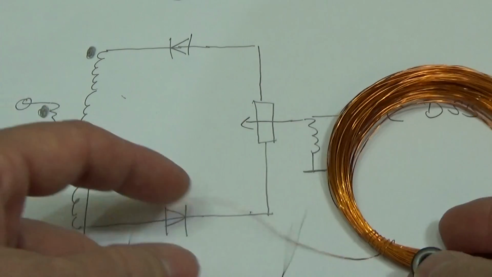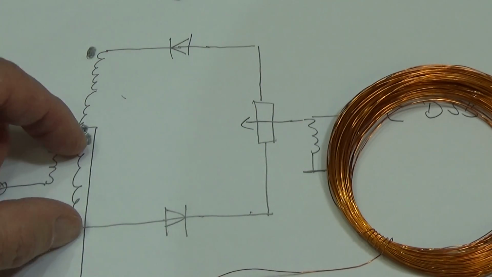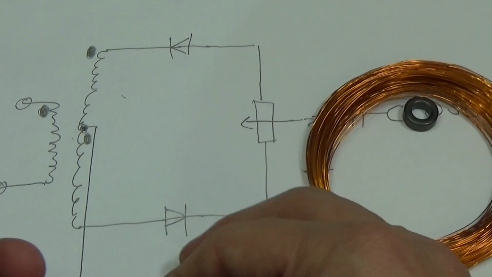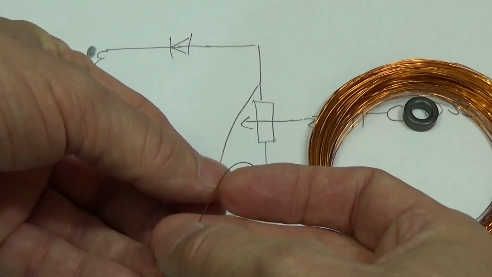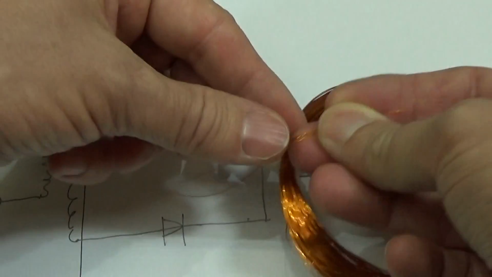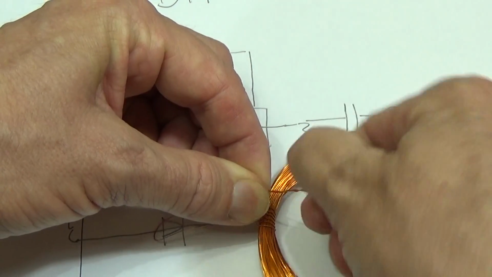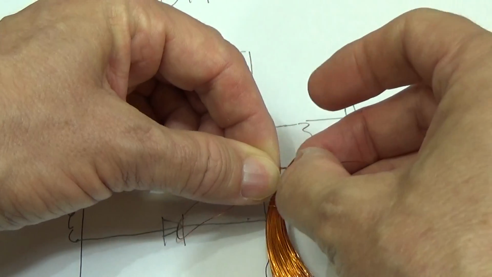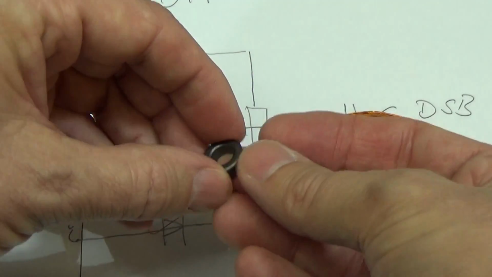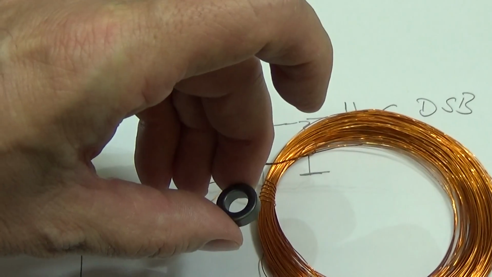And as we need at least 1, 2, 3, we will twist 3 wires together like so, and then we twist it as much as we can, and then we will have what we need to put on a core like this.